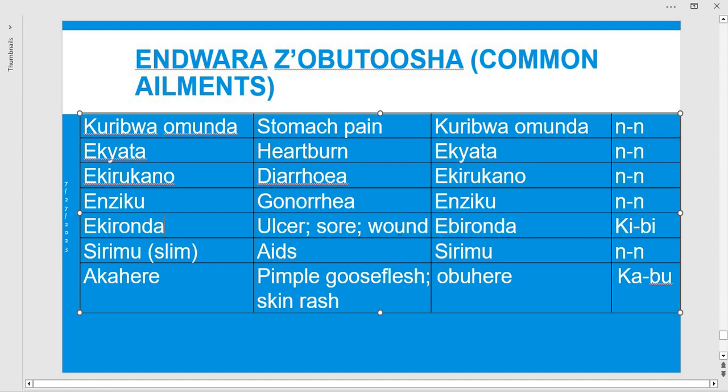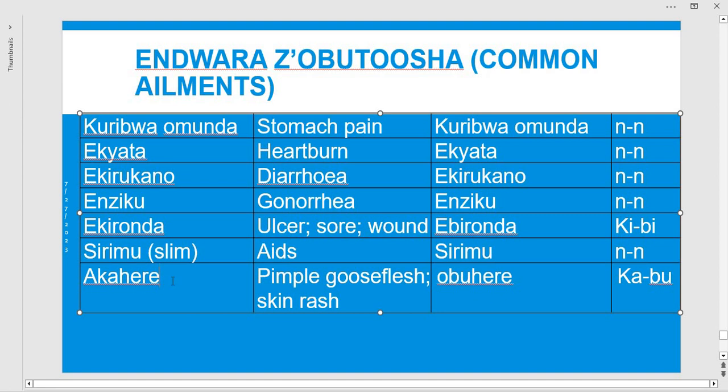Echironda, meaning you have a wound. If there are many, evironda. Sirium, that is AIDS. Akahere, that's a pimple or a skin rash. If there are many, they're called ebihere. But if it is one pimple, that's called akahere.